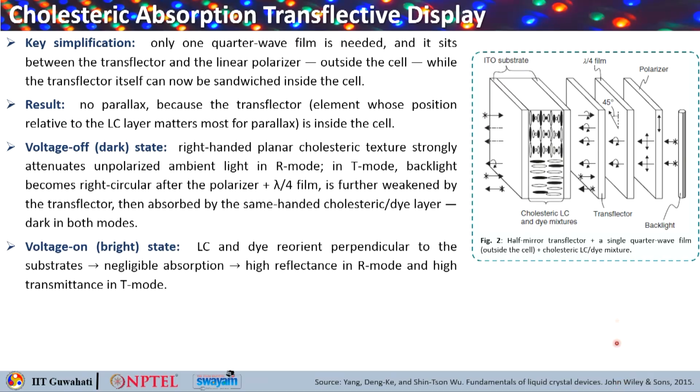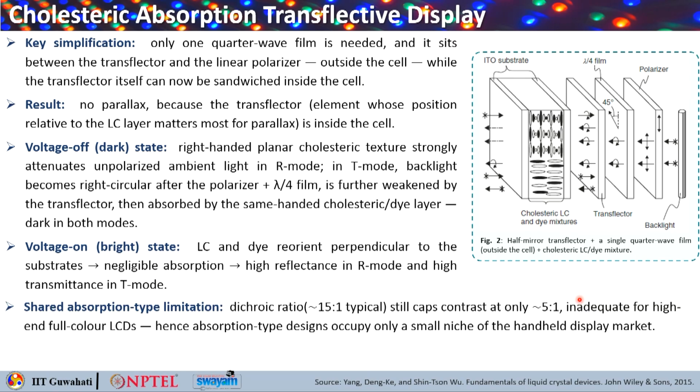On the other hand, the voltage-on, or bright, state is much simpler. The liquid crystal and the dye reorient perpendicular to the substrate, so negligible absorption takes place and you see high reflectance in R mode and high transmittance in T mode.